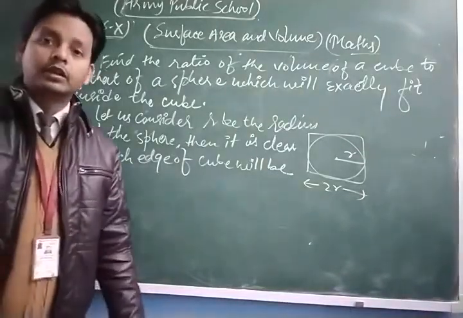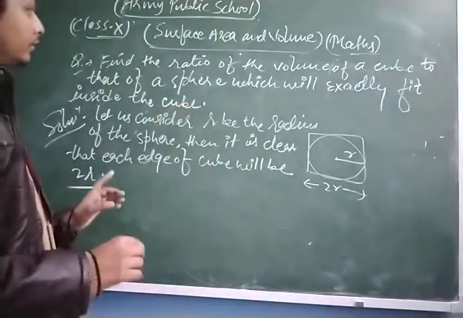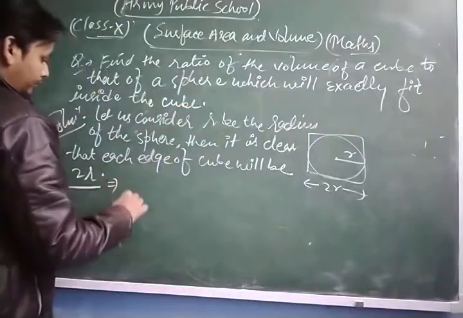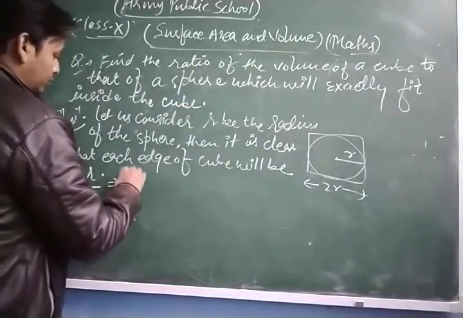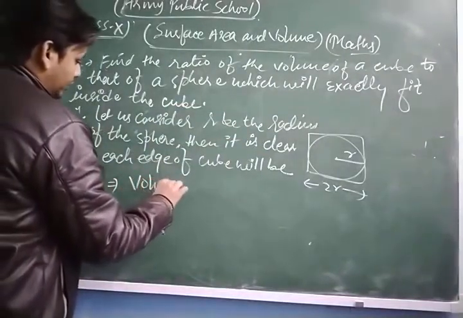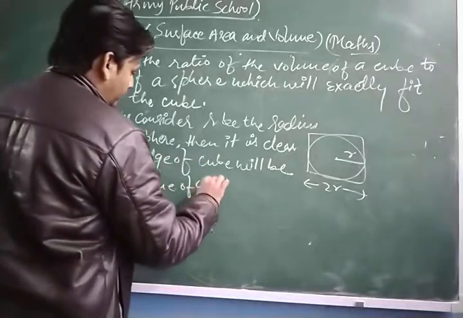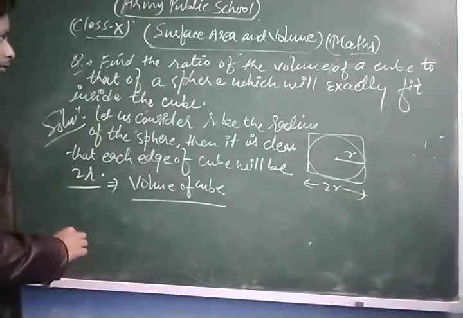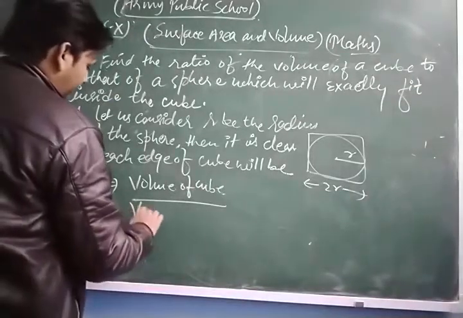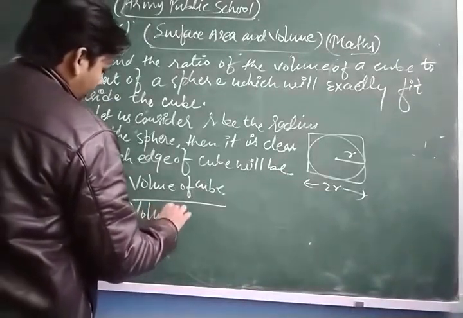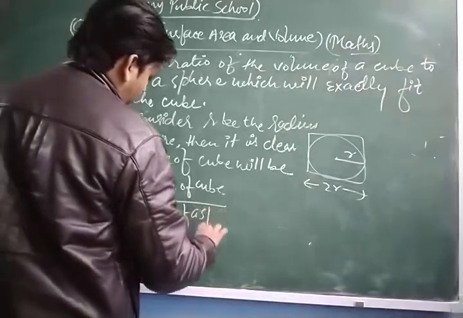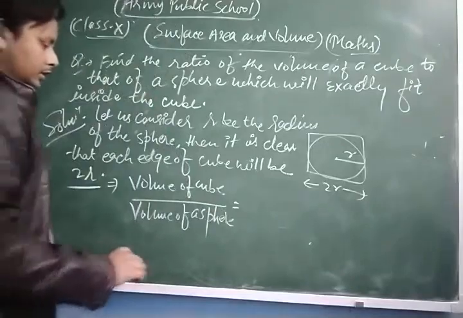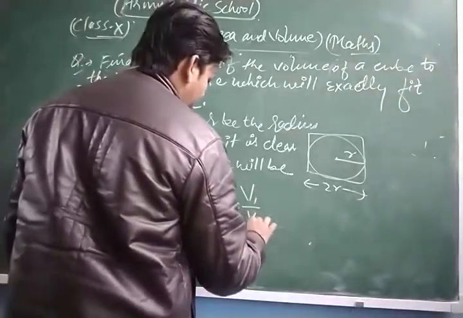Now what do I do? Now we just find the ratio of the volume of the cube, that is required. So the required ratio is the volume of cube to the volume of sphere, that is V1 upon V2.